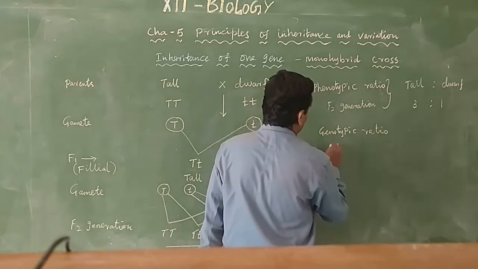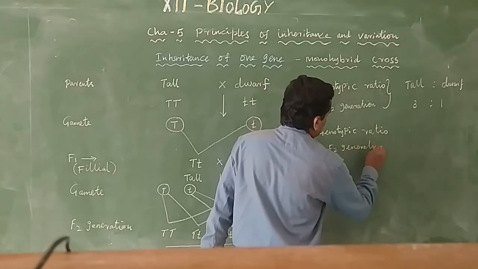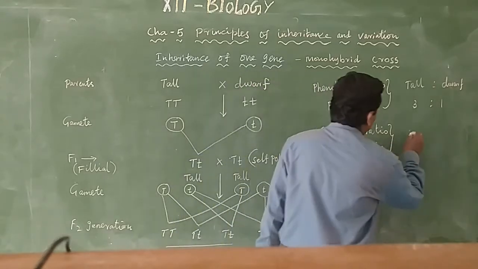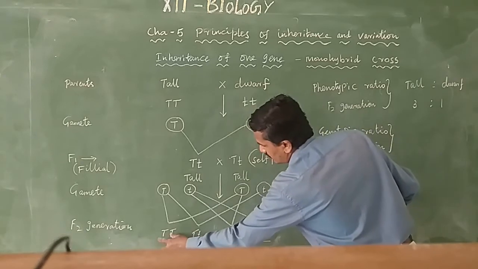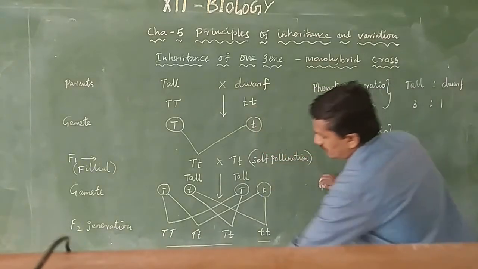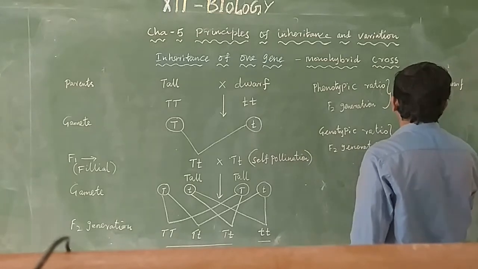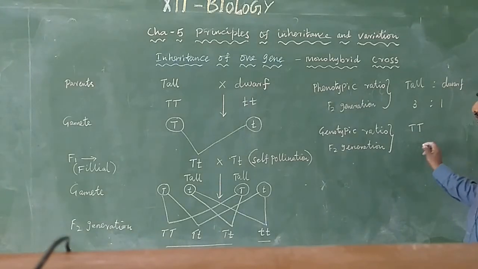Genotypic means genes. Here the tall plants: how tall? Both are tall. Consider another term. For example, capital T capital T is homozygous tall. Both are the same. Homozygous tall.